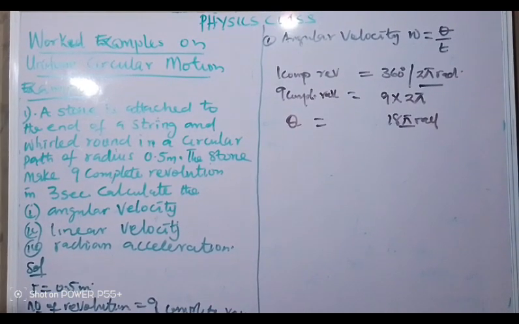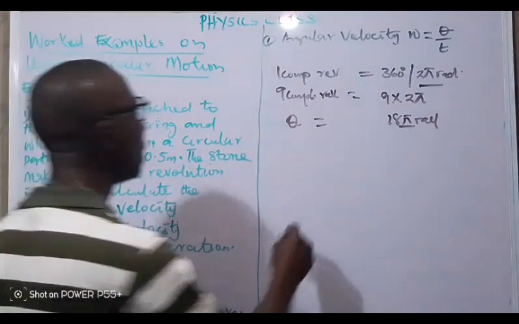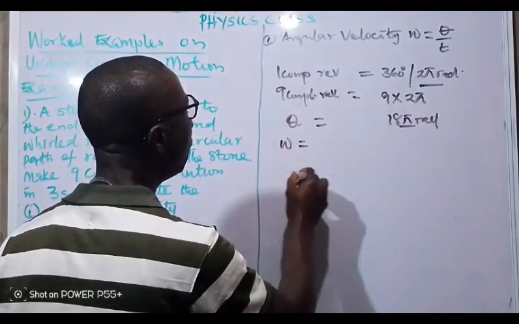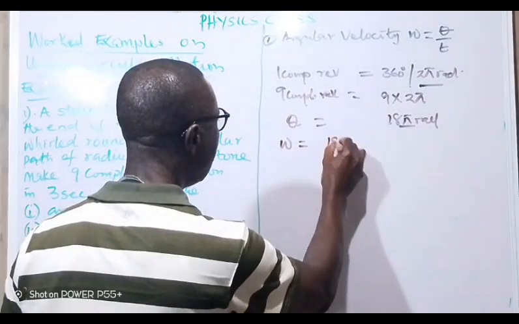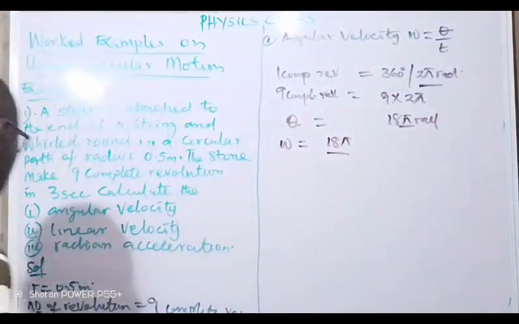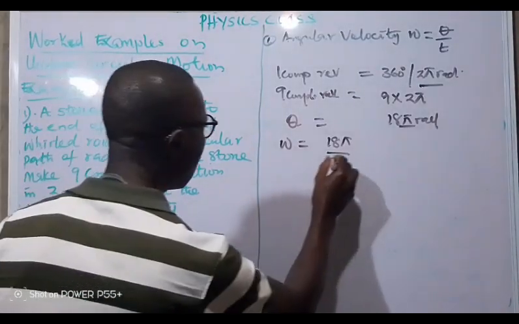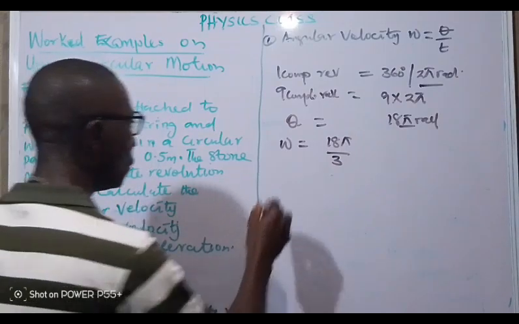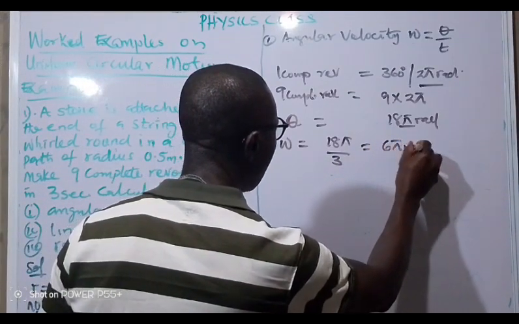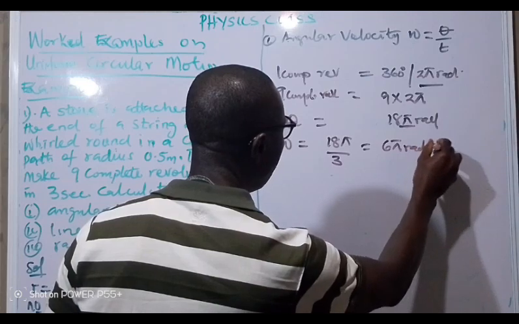That is our theta. Now, to calculate angular velocity, omega will be equal to 18 pi over the time taken, 3 seconds. So this will give us 6 pi rad per second.